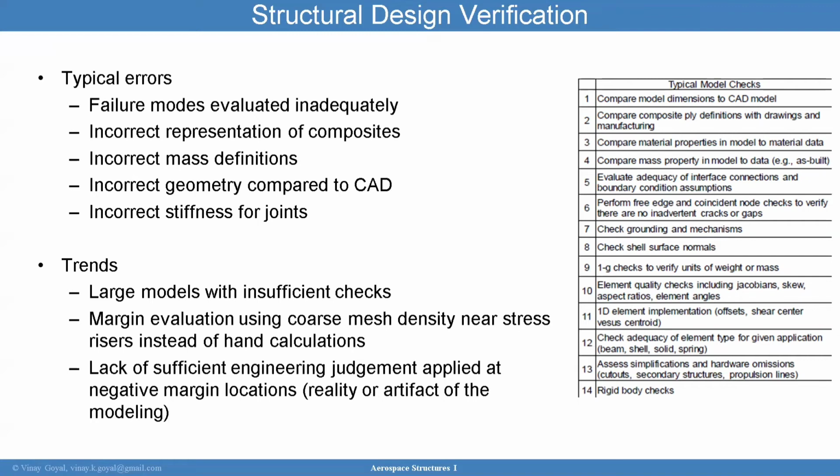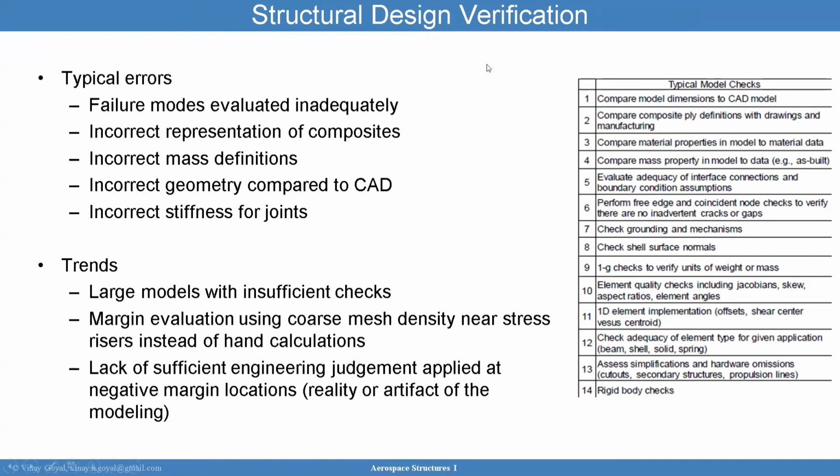That's going to change the frequencies, and it's going to change the dynamic characterization of the structure. Incorrect geometry compared to the CAD model can be a problem, and I'll give examples of that. Incorrect characterization of the stiffness for the joints can be a problem as well. All that is going to drive errors in the modeling that could change the character of the structural response.